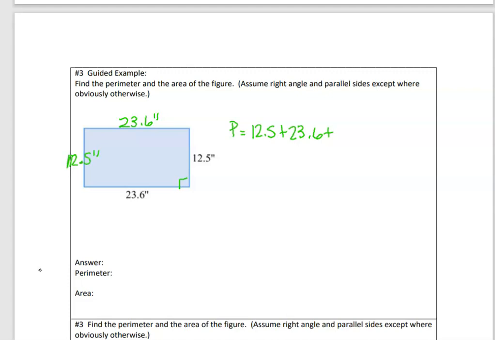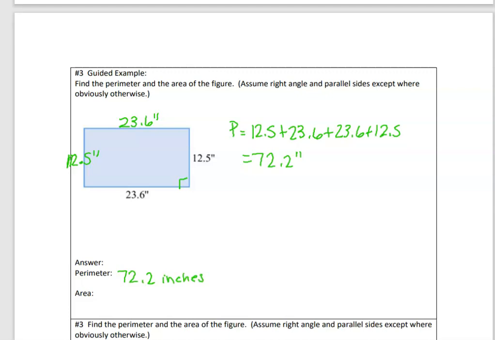Okay, so I want to add 23.6 again and 12.5. When I add those things together, that is going to get me my perimeter. Okay, and that gives me a total of 72.2 inches. So my perimeter is 72.2 inches.